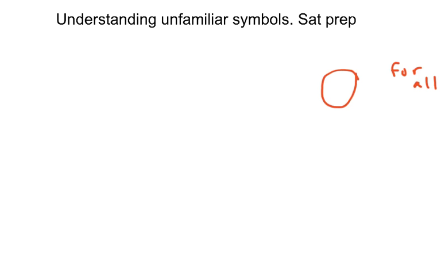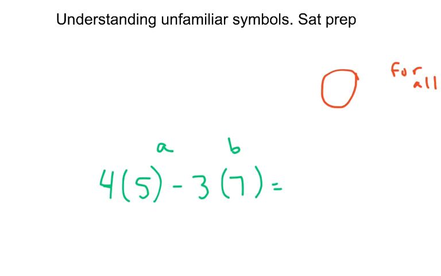So in this case, our A is 5, our B is 7, and simply you take 4 times A, which is 5, minus 3 times 7, which is B, and you get 20 minus 21, and that equals -1.